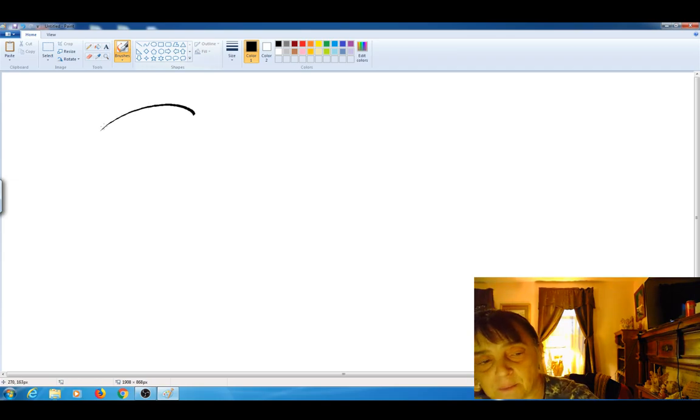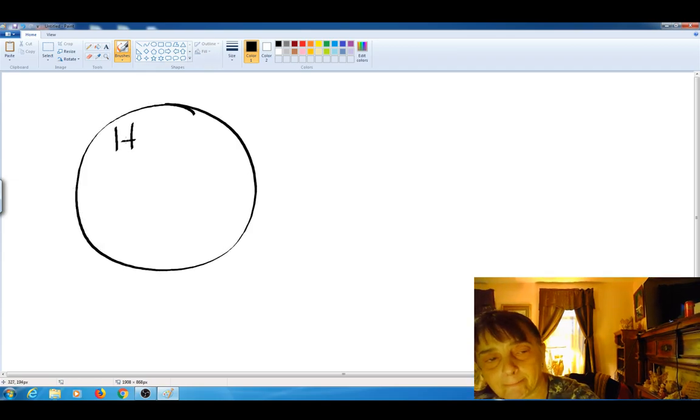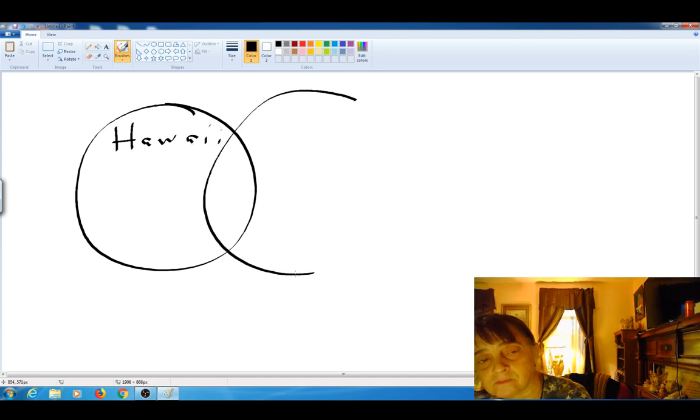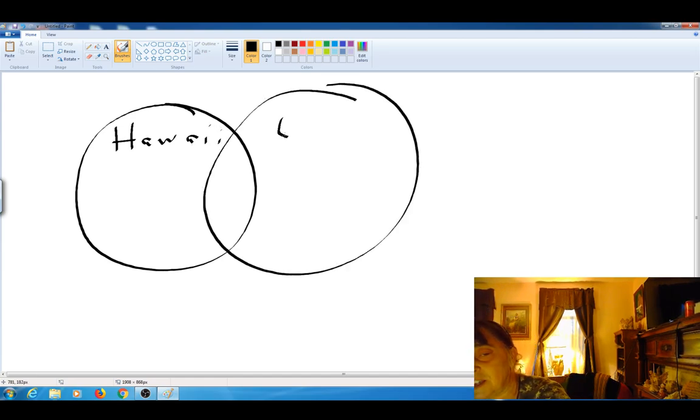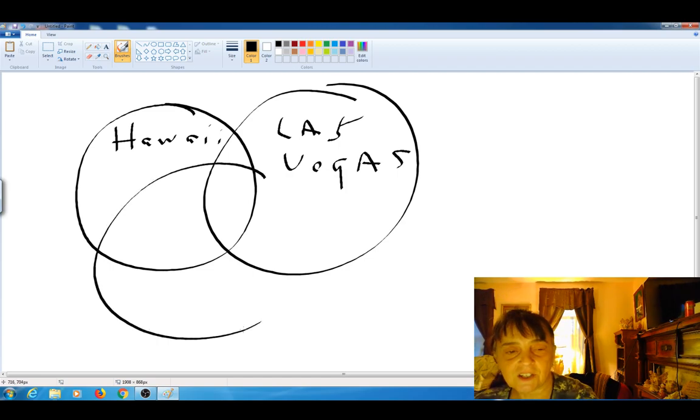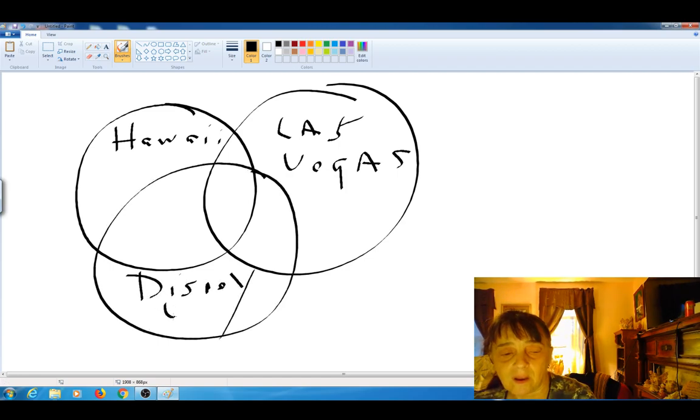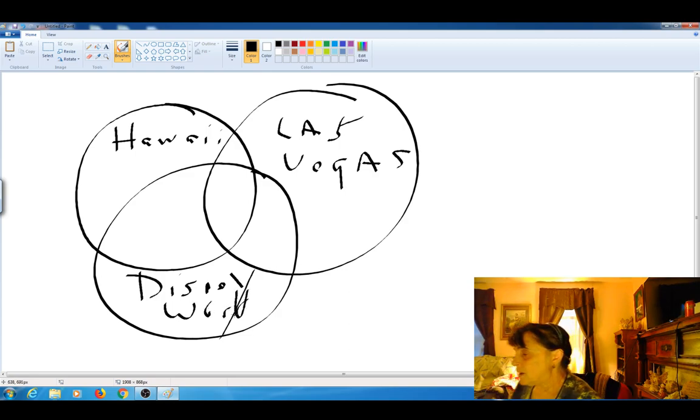So here's how many traveled to Hawaii. Here's how many traveled to Las Vegas. And here's how many wanted to travel to Disney World. Now, excuse me just a minute. Oh, here it is. I was going to say I need to find my calculator.